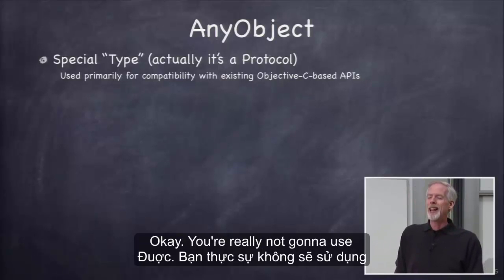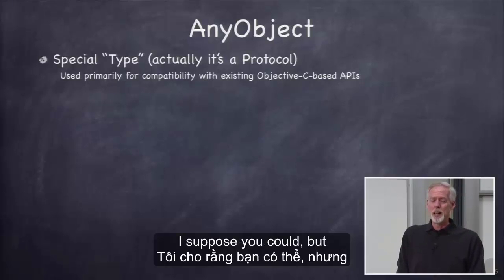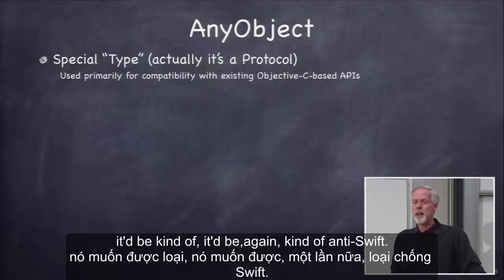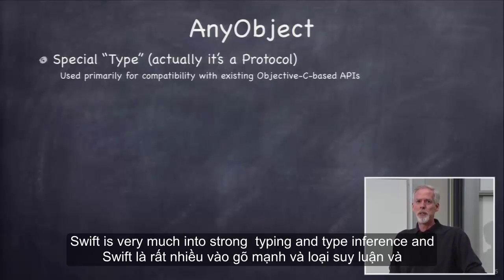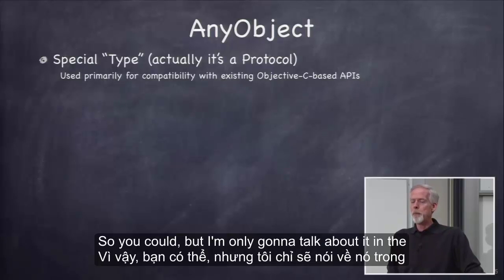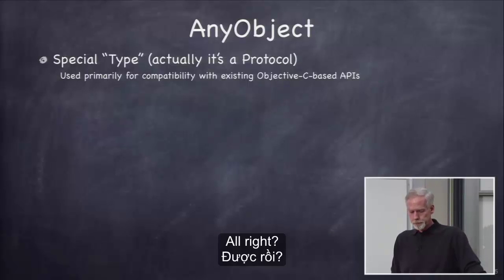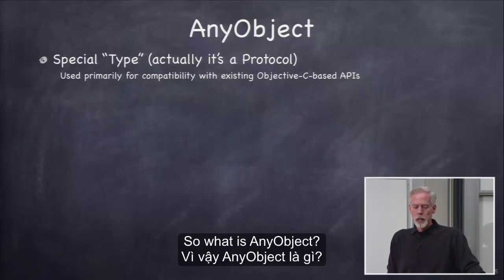You're really not going to use AnyObject to build your own data structures very much. I suppose you could, but it'd be kind of anti-Swift. Swift is very much into strong typing and type inference and all that. So you could, but I'm only going to talk about it in the context of using it as this compatibility thing. All right, so what is AnyObject?